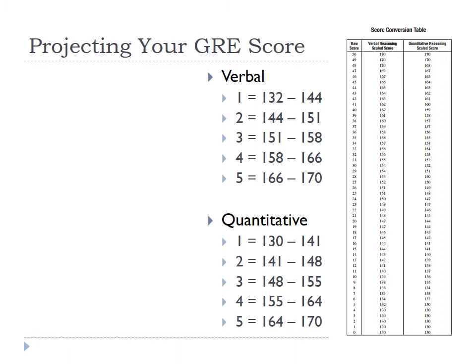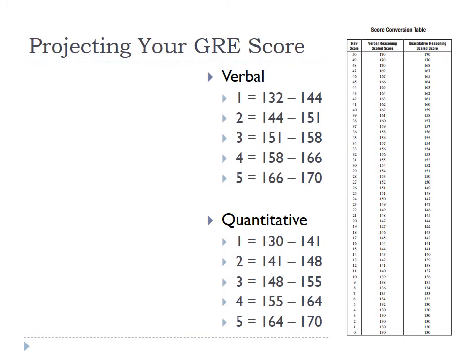So I just gave you a random sample of 5 questions ranging in difficulty for each of the sections, and then used this table to generate projected GRE score ranges. They're pretty wide ranges because I'm just using a few items to project your score.